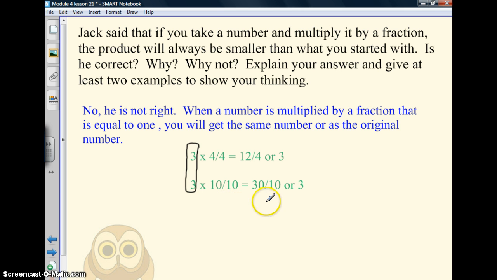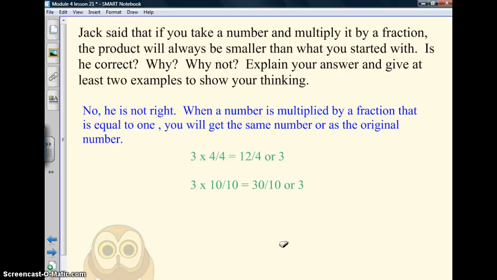And then it becomes the improper fraction of 30 tenths, which then becomes the number 3. So, is he right? No, because when I multiply a whole number by a fraction that's equal to 1, I get the same number. Okay, so it's not always.